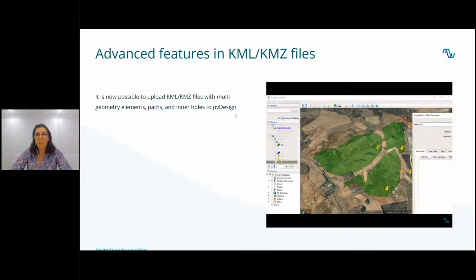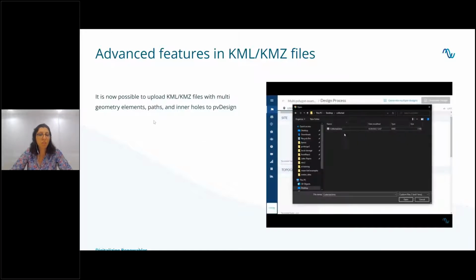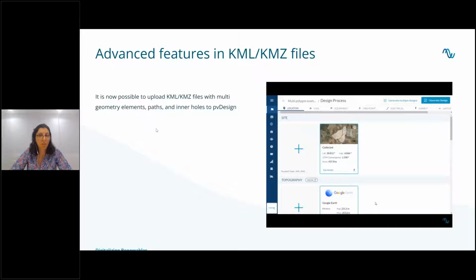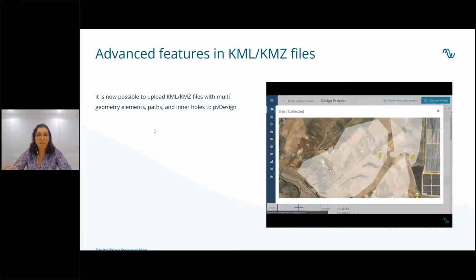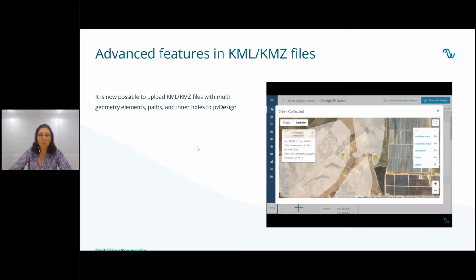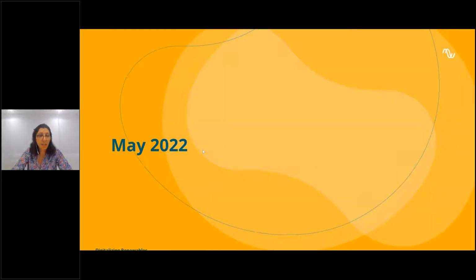We think this is going to be very useful to reduce the time spent on external software or Google Earth, and to have a smoother, more flexible KML file to import to your designs.